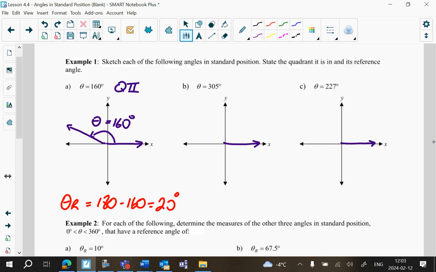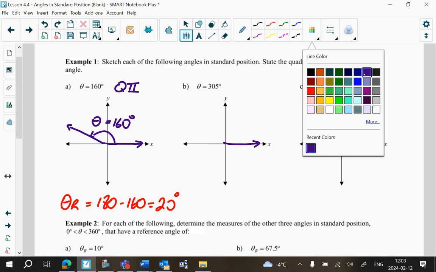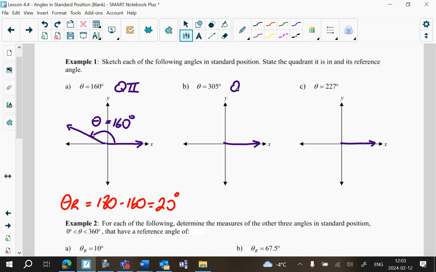So 305, quadrant 4, definitely. So 270 is here, 360 is here. Right in the middle? A little more down, right? Yeah, not in the middle, a little more down.